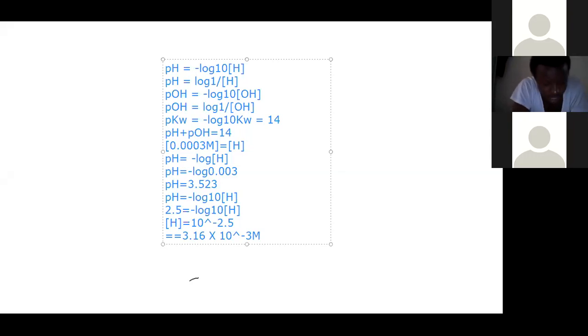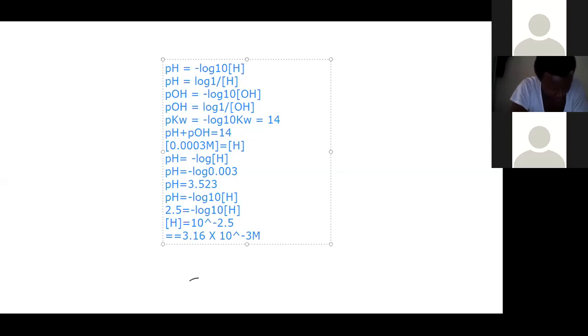Calculate the number of OH ions present in 250 cm cube of a solution whose pH is three.